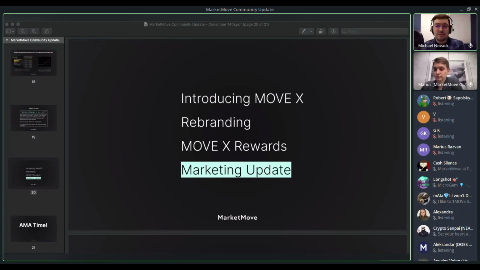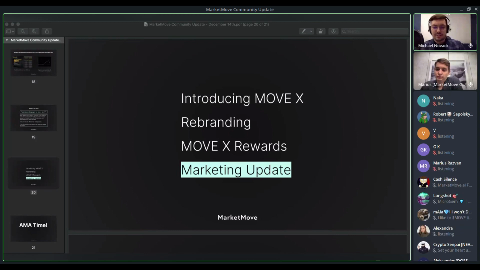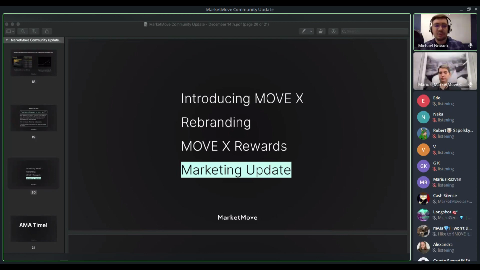But moving to the marketing update. The first thing is the organic growth, which we are focused on. But maybe let's first discuss the big picture. We don't want to chase pumps which are not sustainable, where we get a big growth and then a big price correction just for the sake of it.